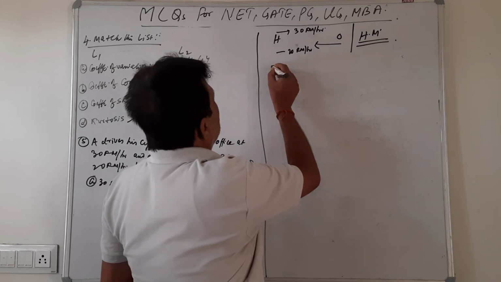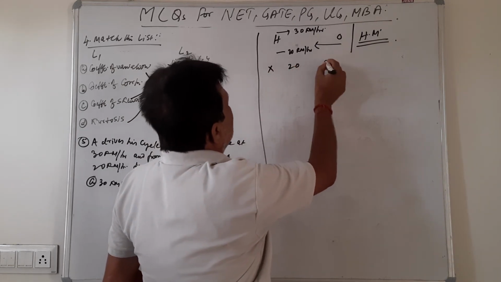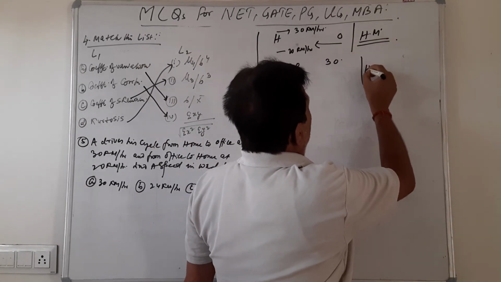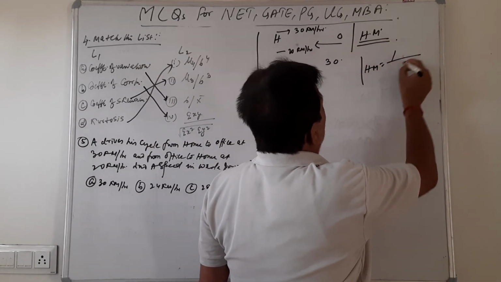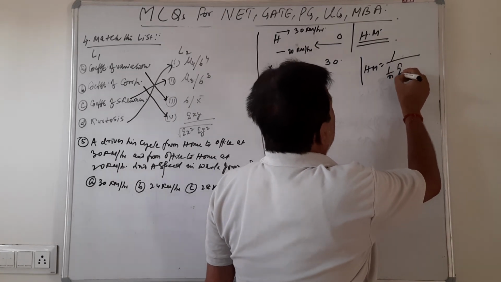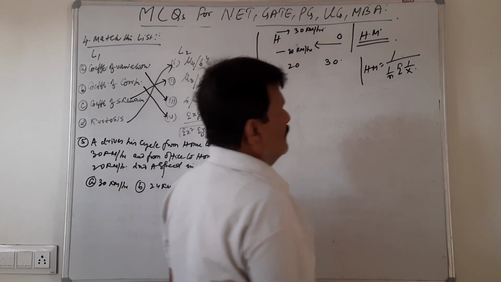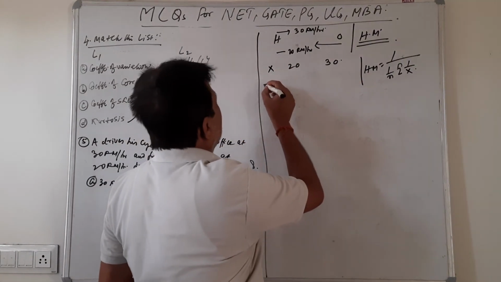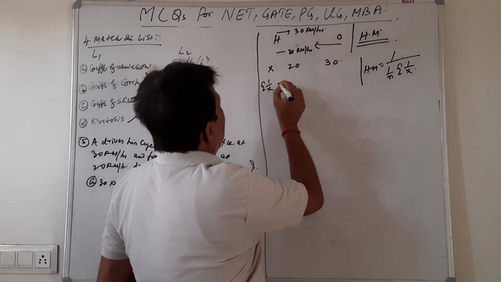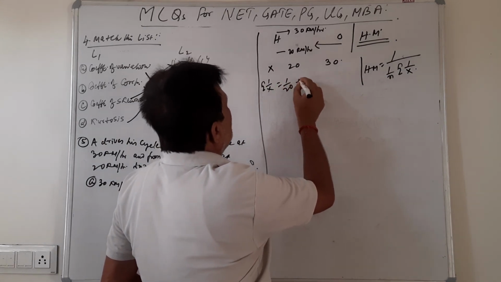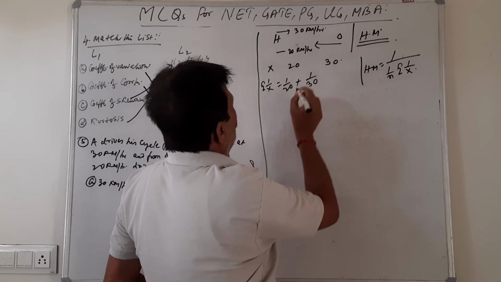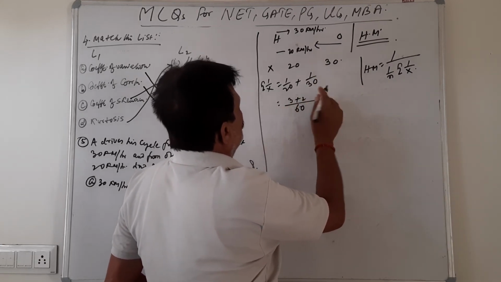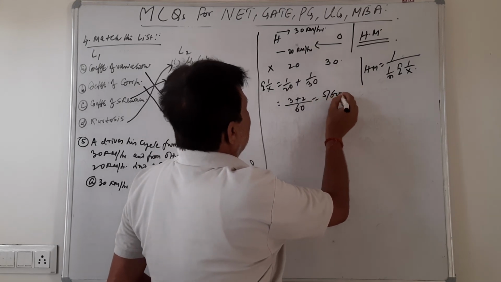So here the two speeds are 20 and 30. Now harmonic mean is found by the formula: reciprocal of the arithmetic mean of the reciprocals of x. So this is how we shall calculate. Summation 1 by x is 1 by 20 plus 1 by 30, that is 3 plus 2, 5 by 60.